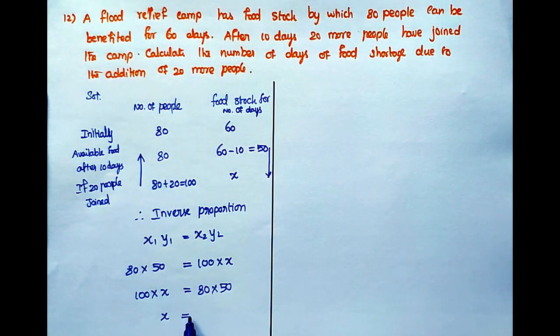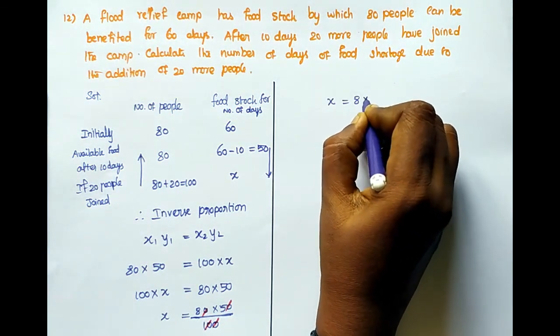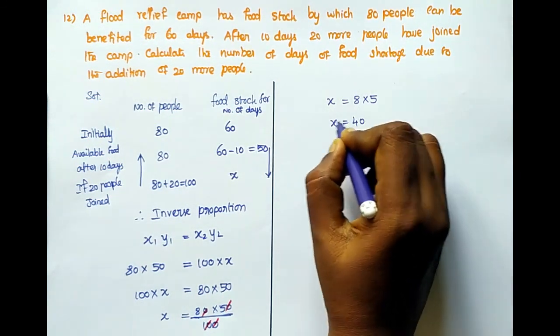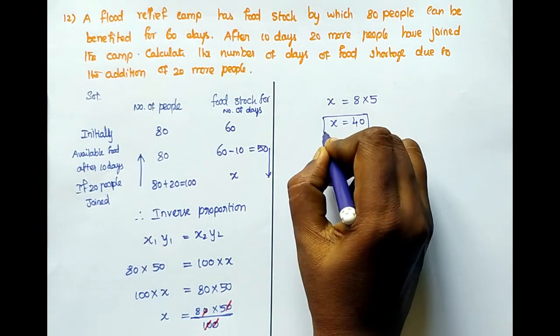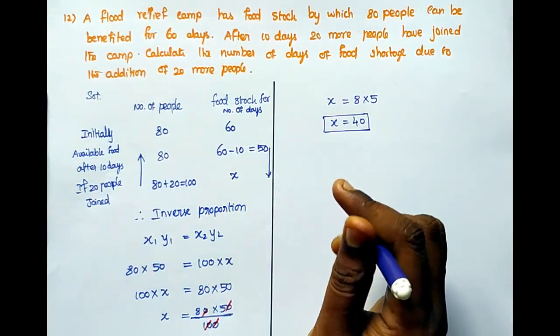Now x equal to 80 into 50 divided by 100. Two zeros get cancelled. Now x equal to 8 into 5, that is 40. 40 days food stock only is there.